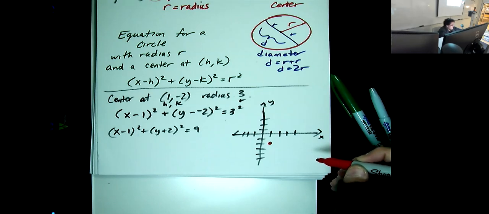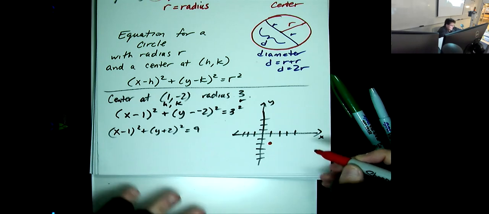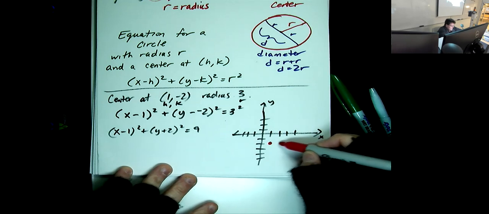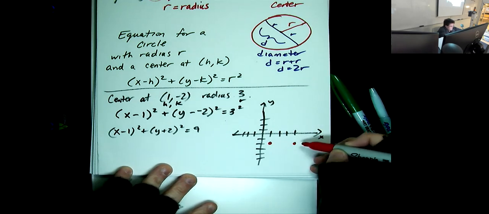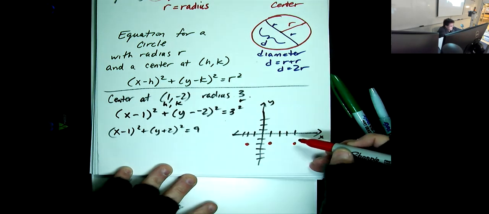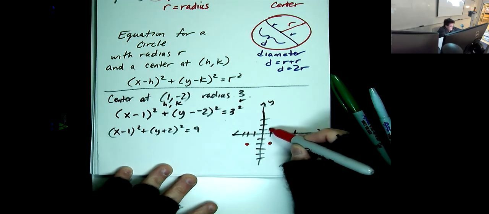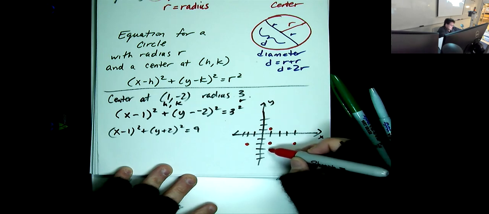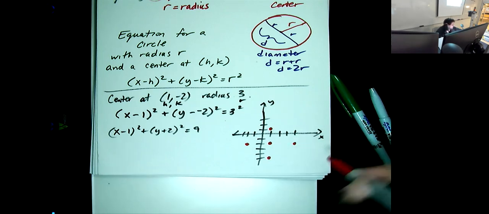And don't try to go a distance of 3 in a diagonal. Go a distance of 3 up and down, left and right. So if I go over 1, 2, 3, I can put a point there. I can go left 3, put a point there. I can go up 3 and put a point there. And I can go down 3 and put a point there.